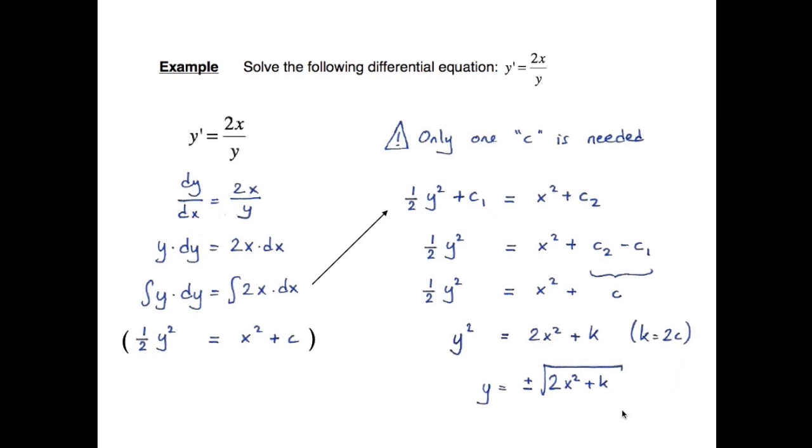So in the end, y is equal to plus or minus the square root of 2x squared plus k. There are many functions that satisfy this differential equation. Actually, there's an infinity. You can pick any k you want, and you can decide whether you want a plus or a minus. Any of these functions would satisfy this equation. If you want to try, go ahead.